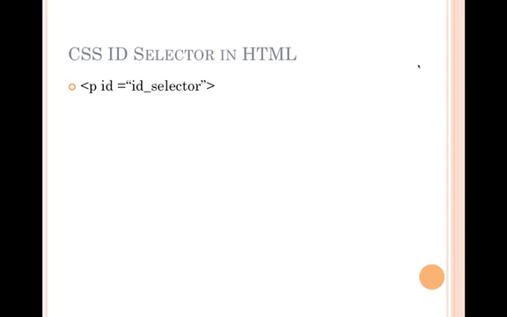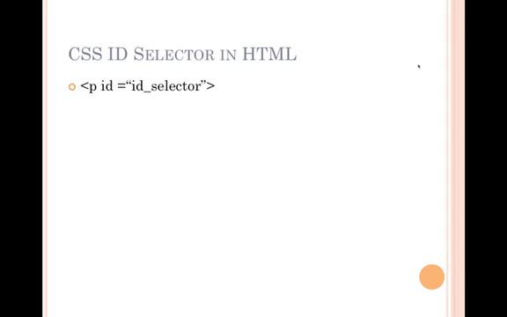If you use a selector of an HTML tag, anytime that HTML tag appears in the web page, it will inherit that style. So you don't have to modify your HTML code to add an ID or a class if you're using one of the HTML elements as your selector.